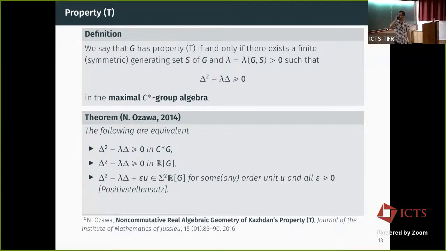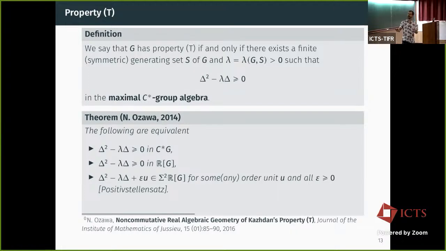And then there is a theorem that essentially started all of this research that I'm describing today. It is a theorem of Narutaka Ozawa in 2014, where he said that delta square minus lambda delta is non-negative in the C-star group algebra if and only if the same element is non-negative as a group ring element.